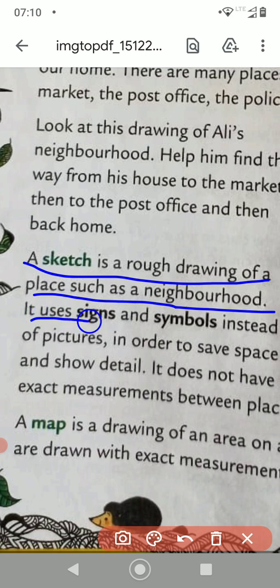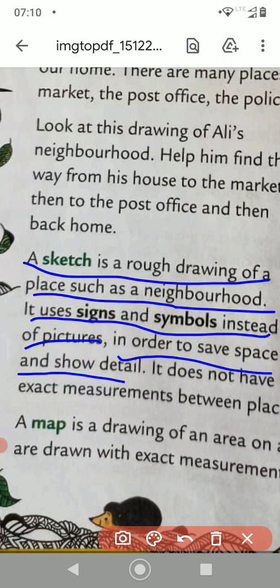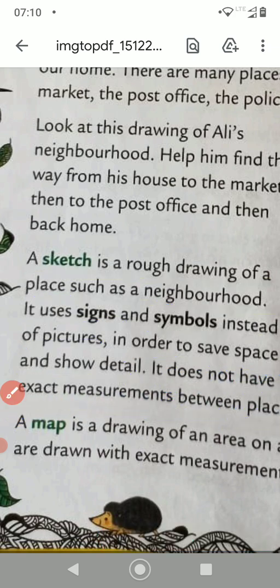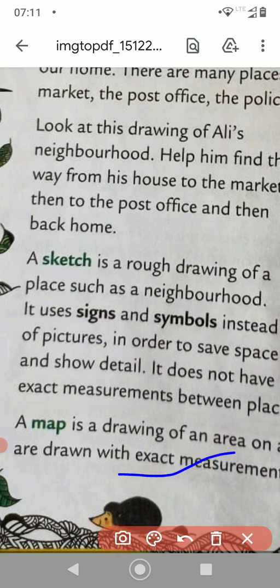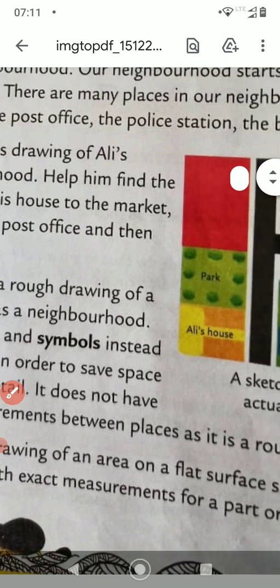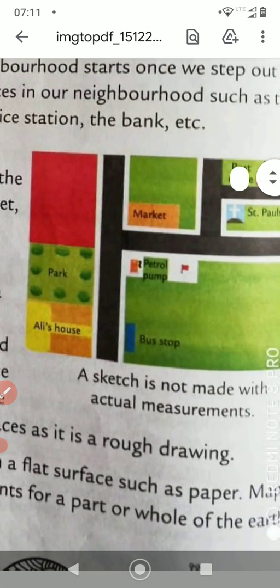It uses signs and symbols instead of pictures, in order to save space and to show details. It doesn't have exact measurement between places, as it is a rough drawing.